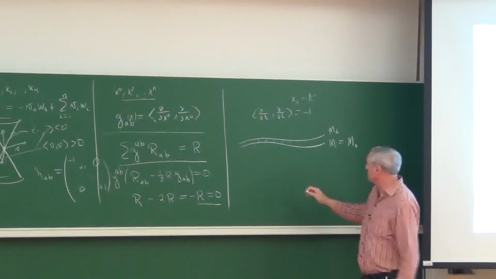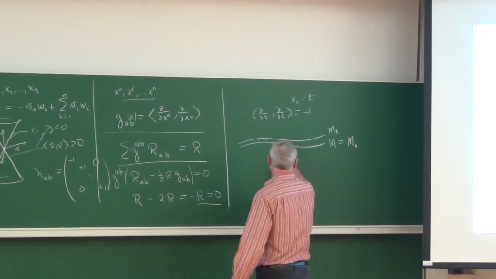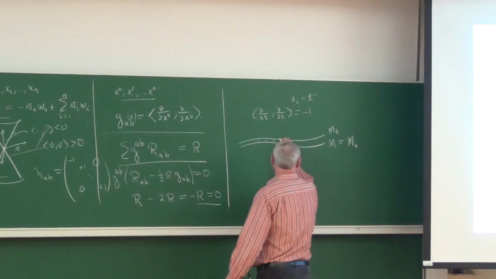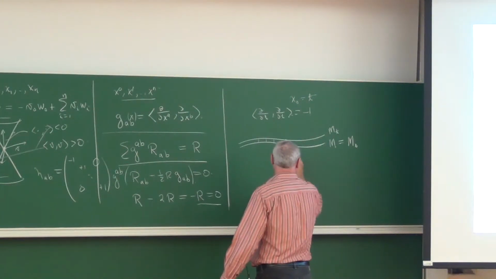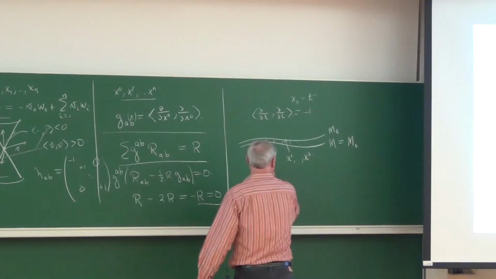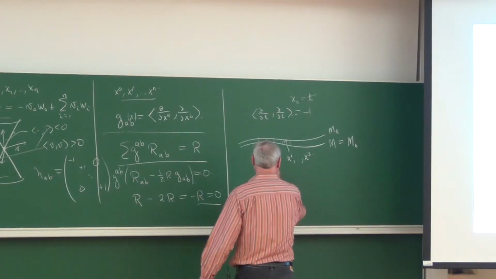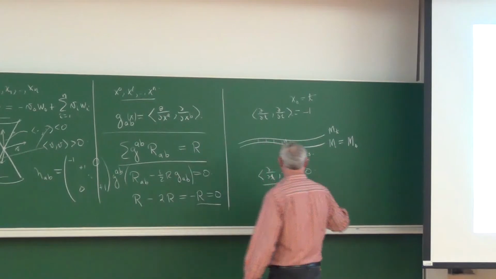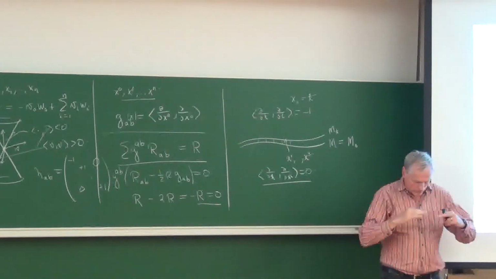So d/dt is orthogonal to them. If I choose coordinates where the x's are tangential, so I have x naught, and then coordinates x1 up to x3, then the inner products of d/dt with the d/dx's are 0. They're orthogonal.